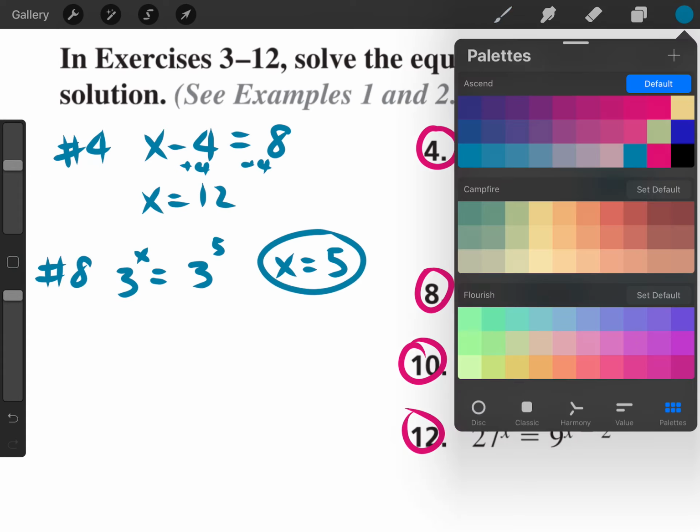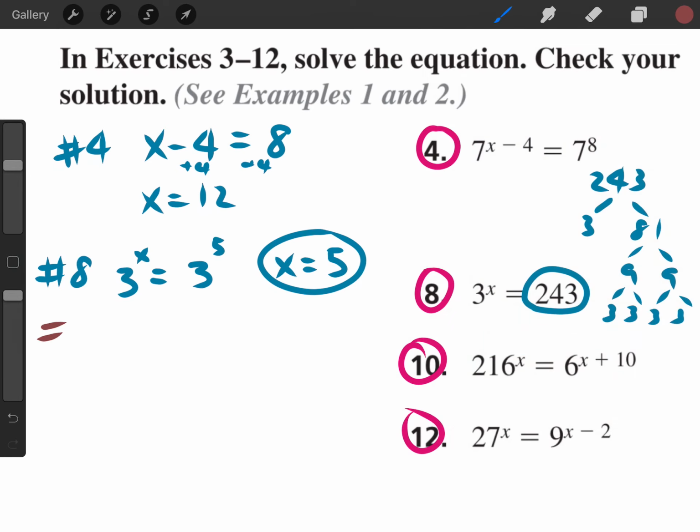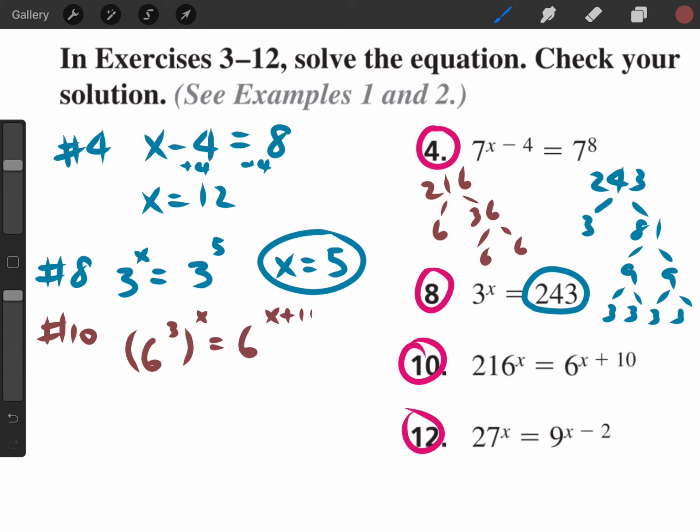Let's use a different color. If you look at number 10, 216, you can also use the factor tree. So the factor tree for 216 is going to be 6 times 36, and 36 is 6 times 6. So 216 you can write as 6 to the 3rd power, to the x power, equals 6 to the x plus 10.